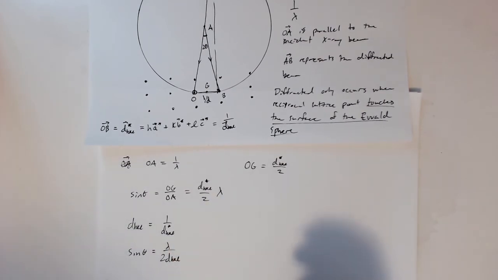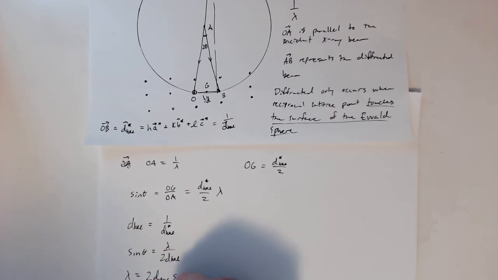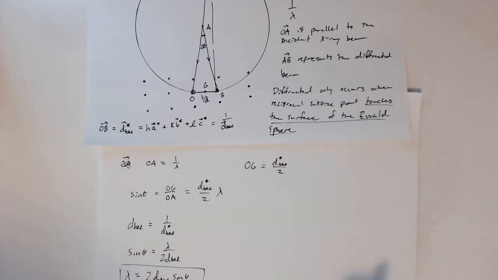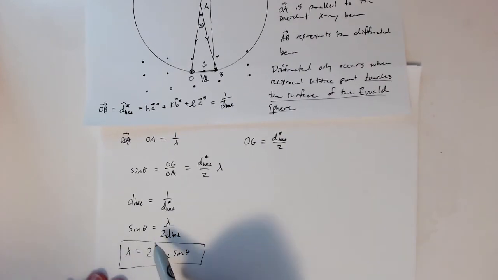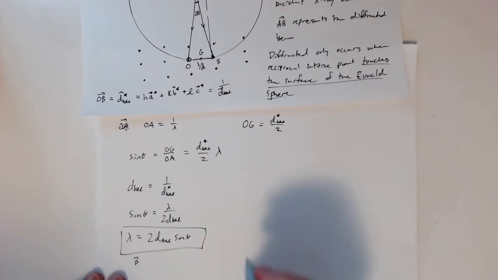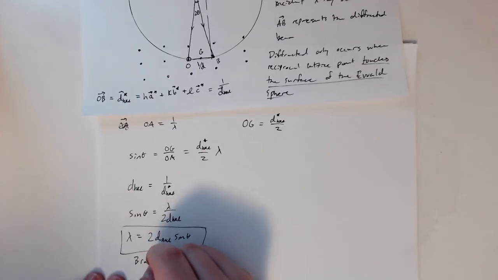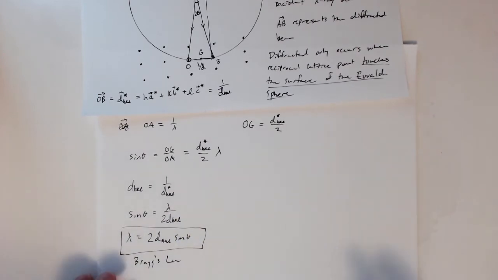If we rearrange that, we get lambda equals 2 d_HKL sine theta, and this is also, as you know, Bragg's law. So we've just shown that we can get Bragg's law from the construction of the Ewald sphere.